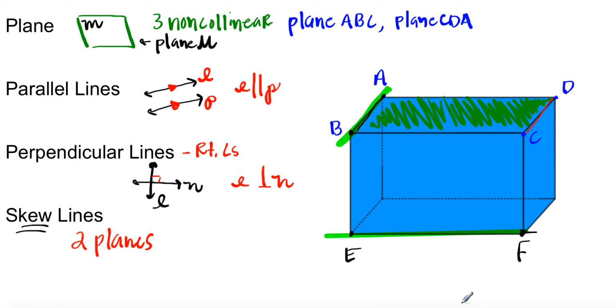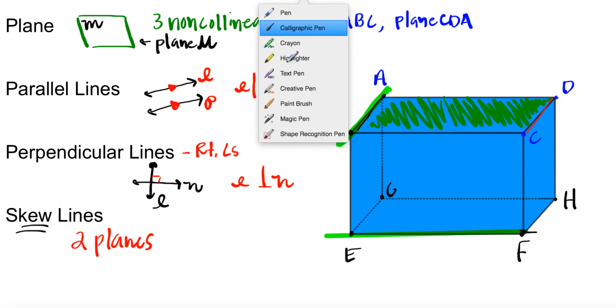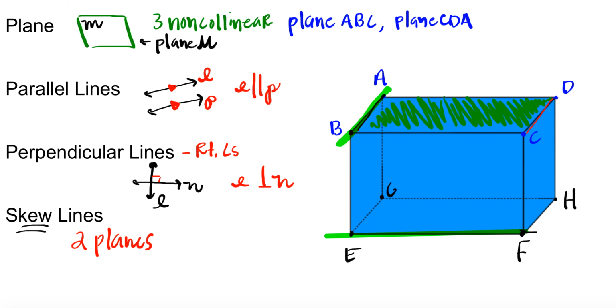because they're in two separate planes. Another example of some skew lines, let's go ahead and name this back here, let's name that G, and let's name this corner H. And I like to use the highlighter tool to kind of really show you what we're talking about here. Maybe this purple color will work. So maybe line CF, although it doesn't look purple now, does it? It looks blue on blue.